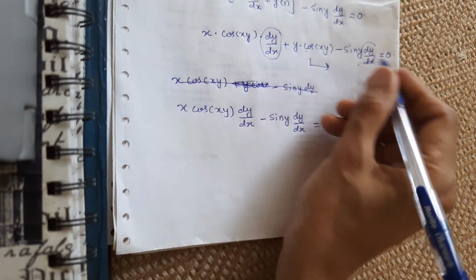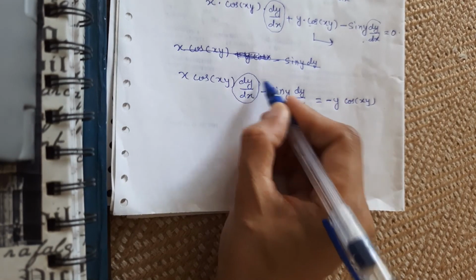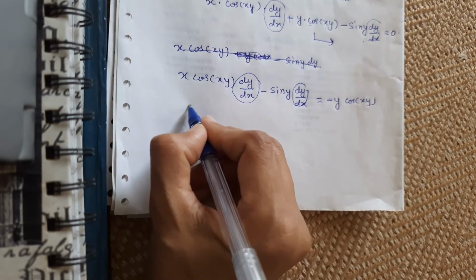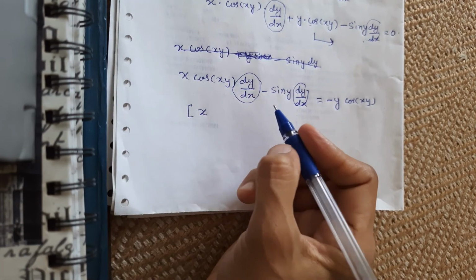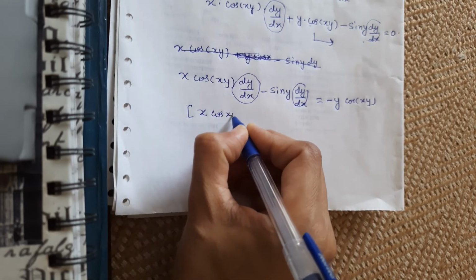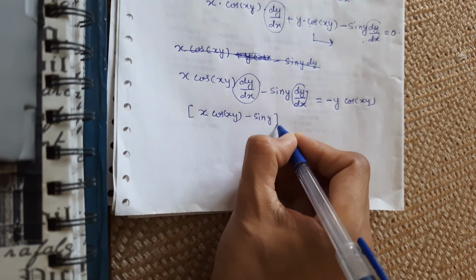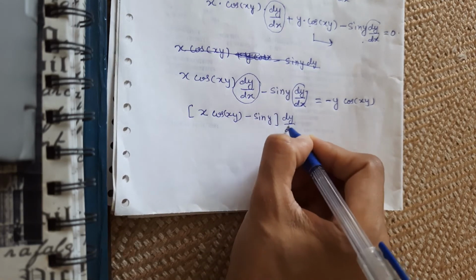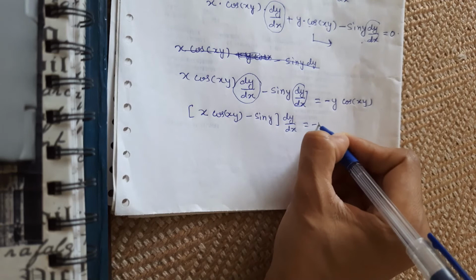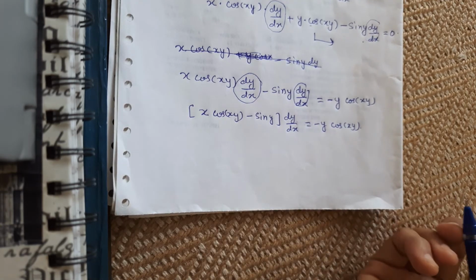I just shifted this term to this side. Now I am taking dy/dx common, so the remaining term is x cos(xy) minus sin y, into dy/dx equal to minus y cos(xy).